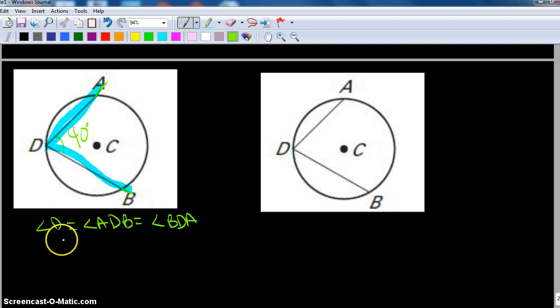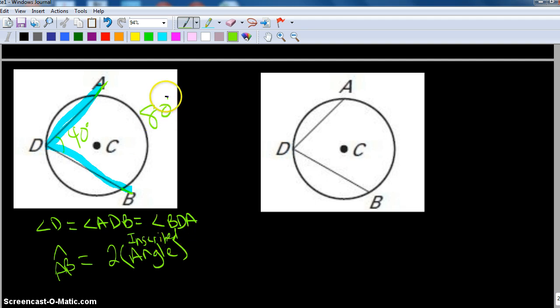Well, arc AB is 2 times as big as the inscribed angle. So this is 40, that's 80. So our arc AB is 80 degrees.